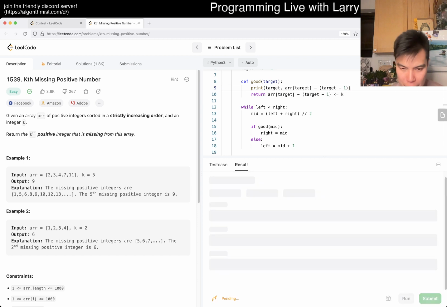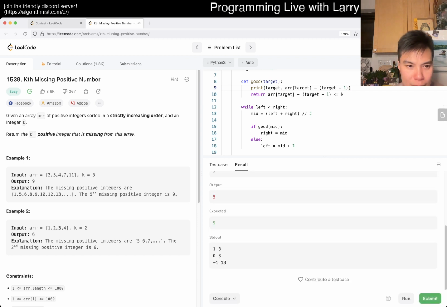Take a look real quick though. Okay, so at index 1, it thinks there are 3 numbers missing. That's definitely wrong. Also, it's definitely wrong that we went in the wrong direction.